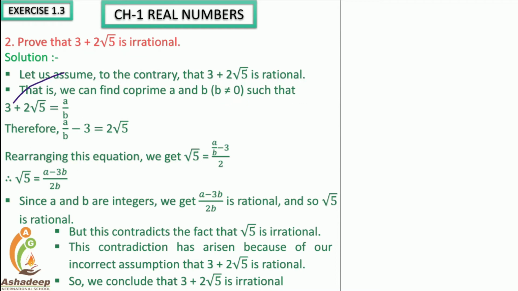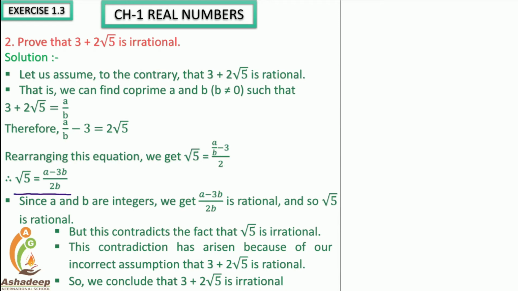Now this 3 goes on to the other side. So a by b minus 3 is equal to 2 square root of 5. Now rearranging this equation, this 2 from the numerator goes into the denominator. So square root of 5 is equal to a by b minus 3 upon 2.